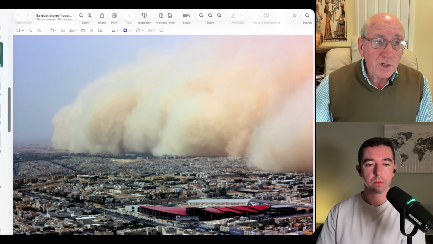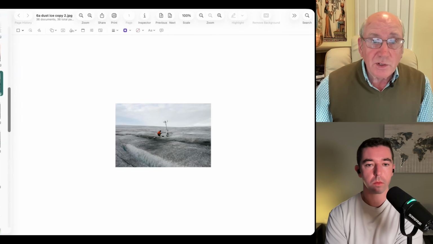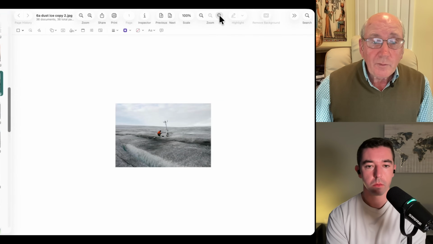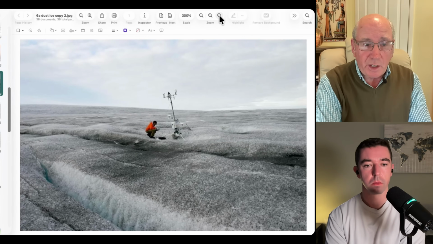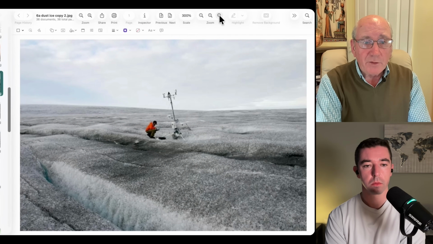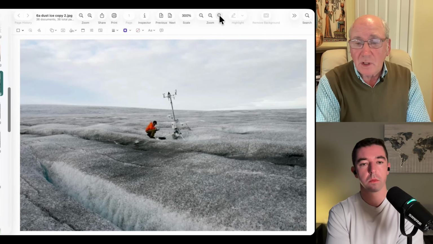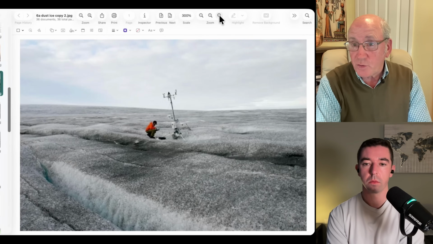And that dust can get onto the northern ice sheets. It still does. This is the Arctic. And of course, nowadays, what we're getting is a lot of Chinese industrial dust.